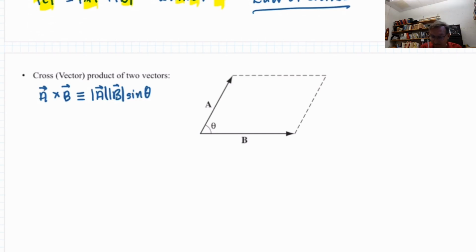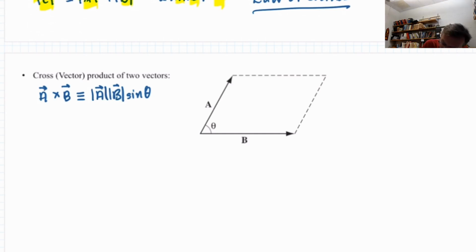But that can't be all, right? Because that's a scalar expression I've written. The cross product of two vectors results in a vector. So I need some way to denote and to be clear on what the direction is for this resultant of A cross B.